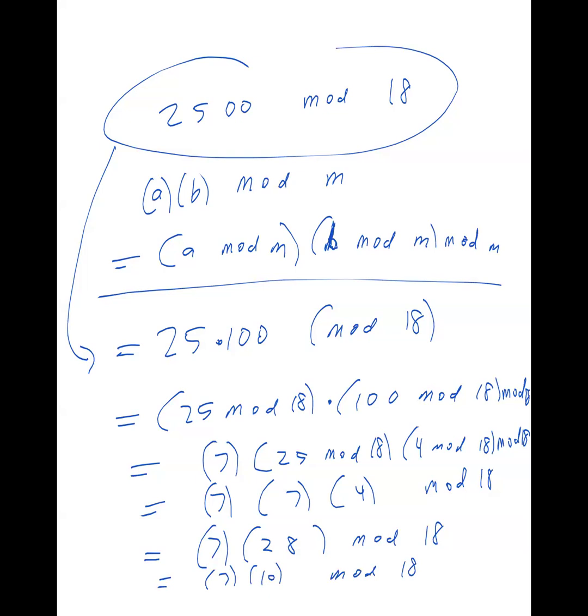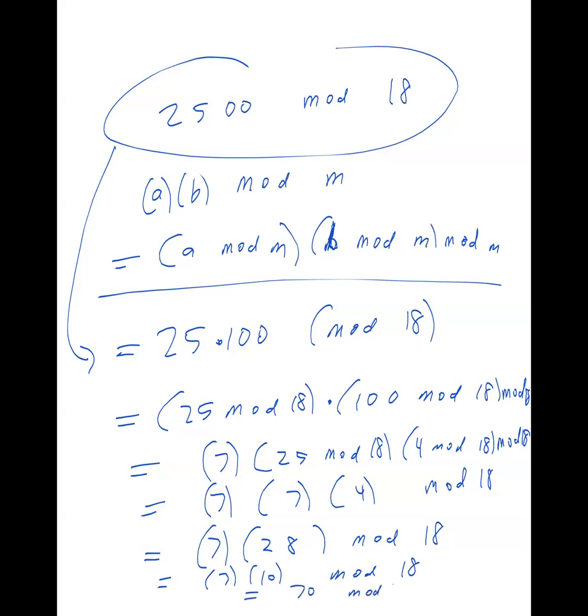Perfect. And what's 7 times 10? Well, that'd be 70, which would still be kind of big. So what if I factor the 10 apart a little bit? Well, 70 is not too big. So 7 times 10 is 70.